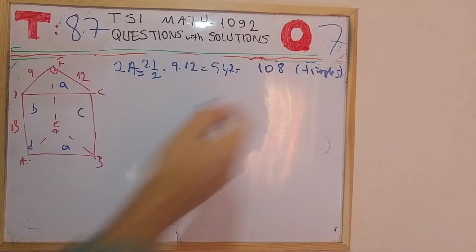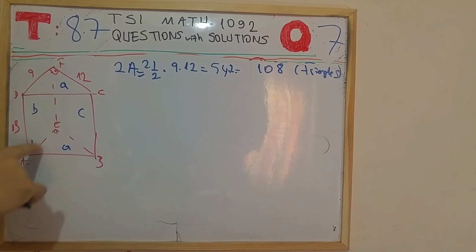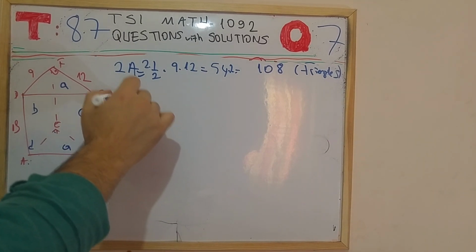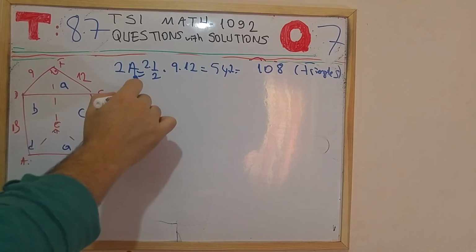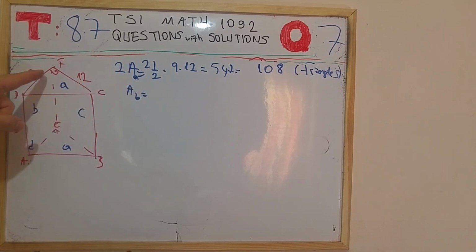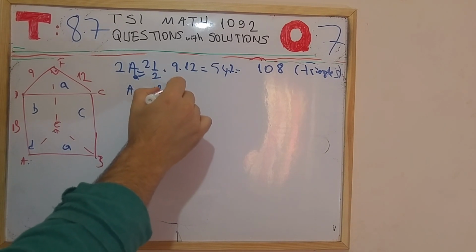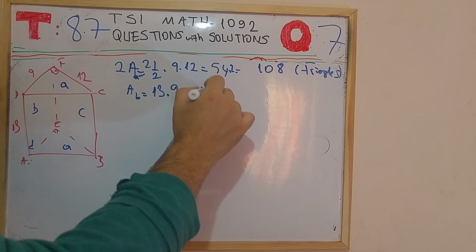Now let's calculate the area of FDAE, let me call this the area of B, and this is a rectangle, and the dimensions are 13 times 9, and this is equal to 117.